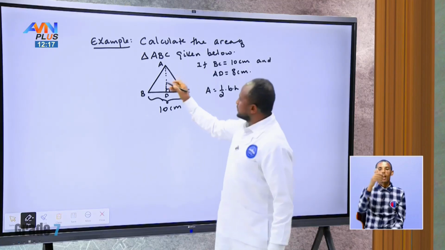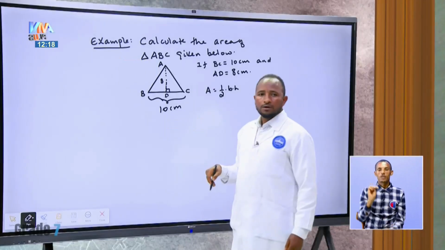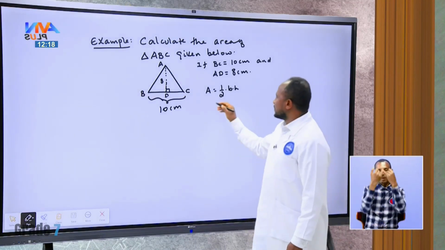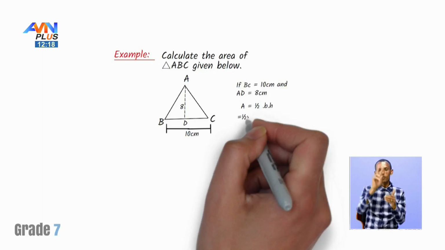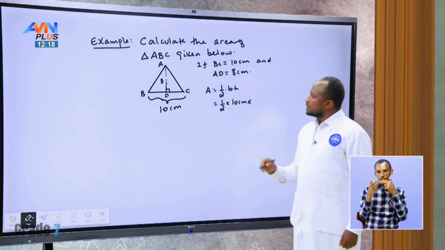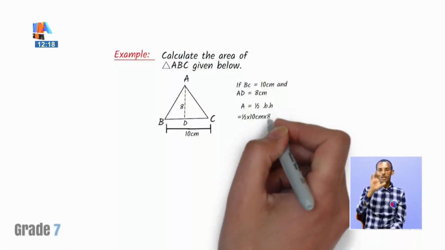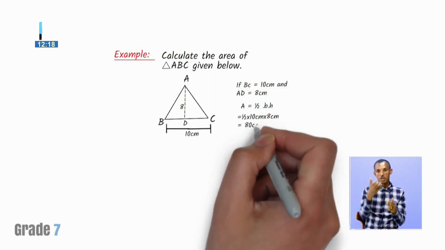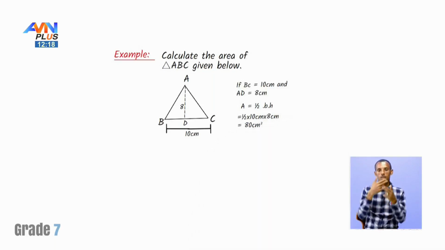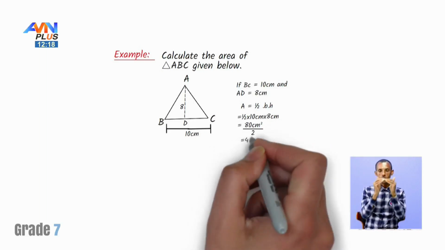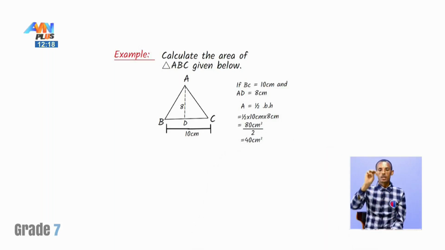And AD is given to be 8 centimeter. Therefore, to calculate the area, simply base times height divided by 2. Its area will be half times the base, 10 centimeter, times the height, 8 centimeter. 10 times 8 is 80, centimeter times centimeter is square centimeter, divided by 2. You'll have 40 square centimeter. So this will be the answer.